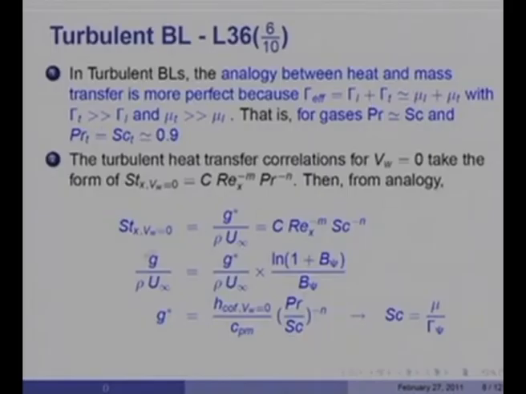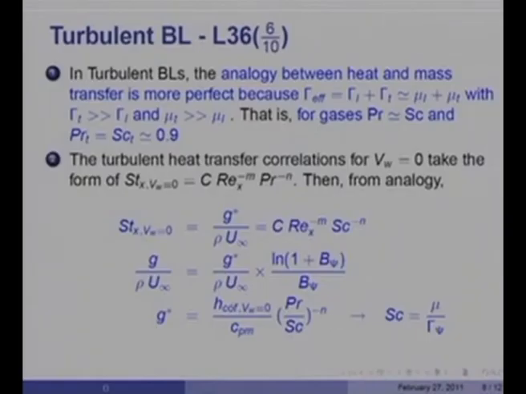Then from analogy, Stanton x V w equal to 0 would be G star over rho u infinity equal to C Re x to the power of minus m and Schmidt number to the power of minus n. And G over rho u infinity therefore, will be G star over rho u infinity into ln 1 plus B psi by B psi, and G star would be simply a heat transfer coefficient at V w equal to 0 divided by C p m into Prandtl divided by Schmidt raised to minus m.